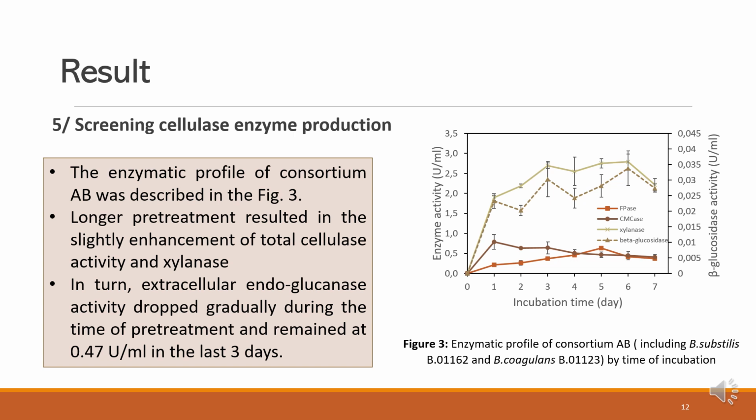The enzymatic activities of consortium AB, including Bacillus subtilis and Bacillus coagulans, over the time of incubation are presented in figure 3. As we can see in the figure, a longer pretreatment resulted in a slight enhancement of the total cellulase activity and xylanase. In turn, the extracellular endoglucanase activity dropped gradually during the pretreatment, and it remained at a very low level in the last 3 days.